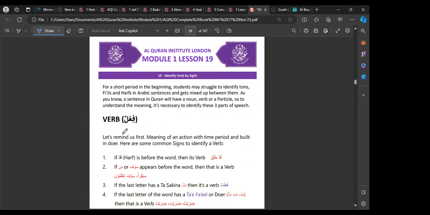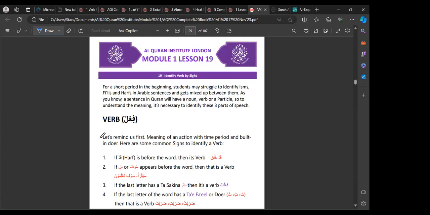Verbs, definition: the meaning of an action that is connected to a tense with a time period and a built-in doer. Built-in doer meaning the person doing the action, the fa'il, or the doer of the action. So in English you would say "he did," and it will be two separate words, but in Arabic it will be fa'ala.